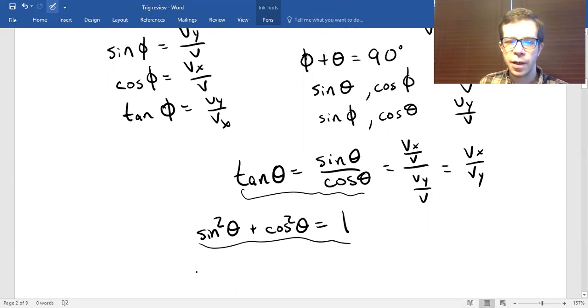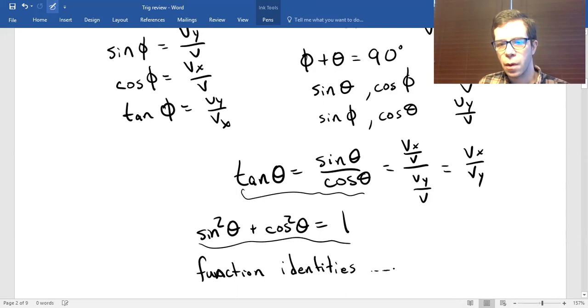More functional identities you're probably not going to use for this course unless you run into a specifically hard setup. But for now, that's enough trig.